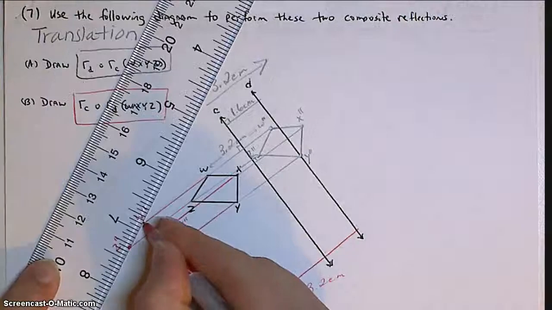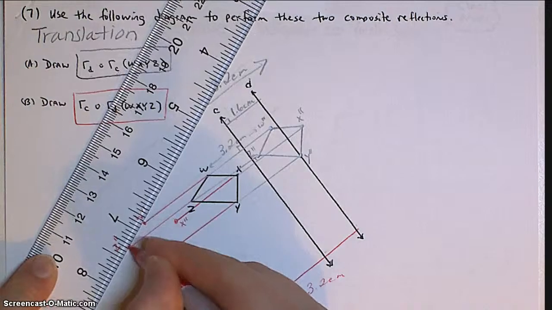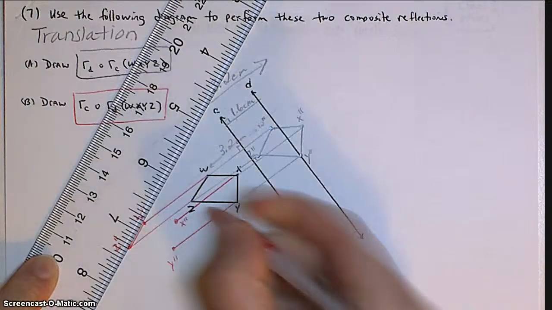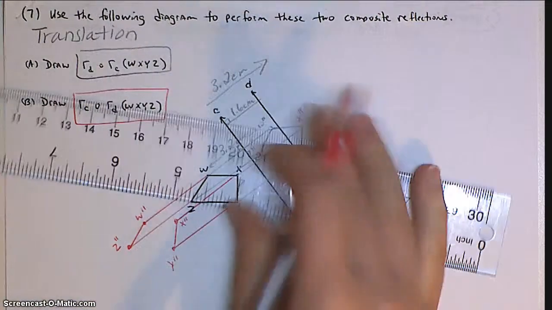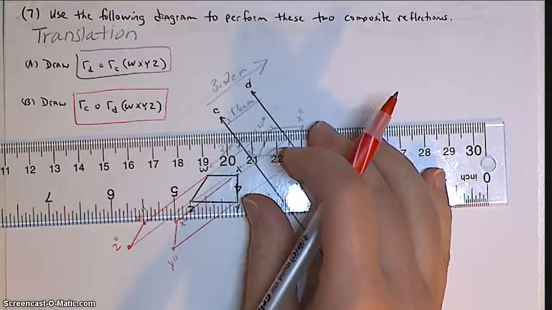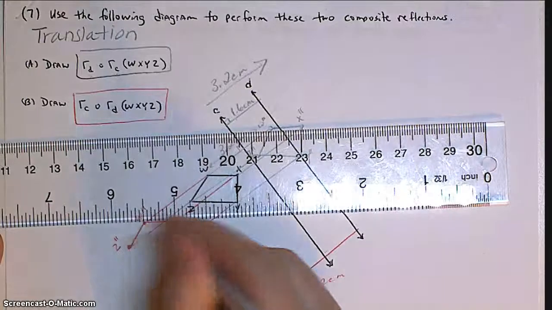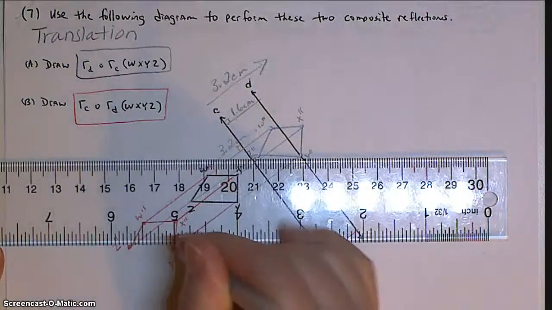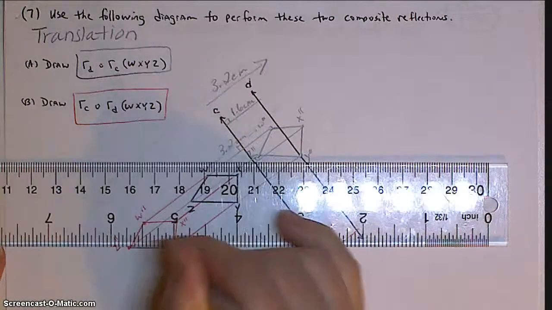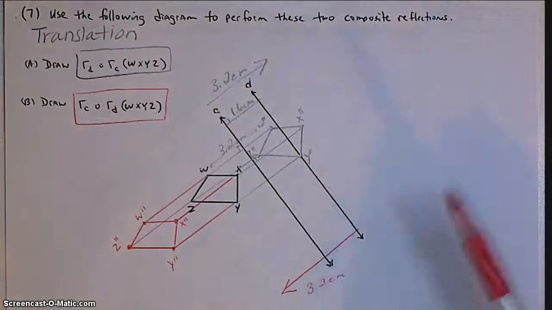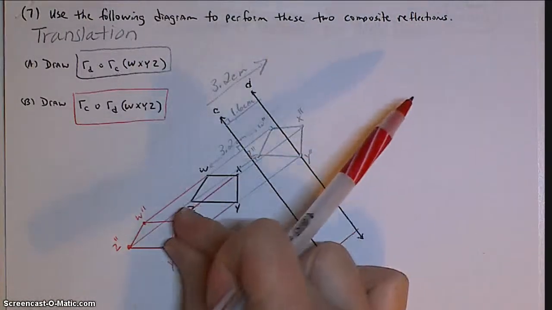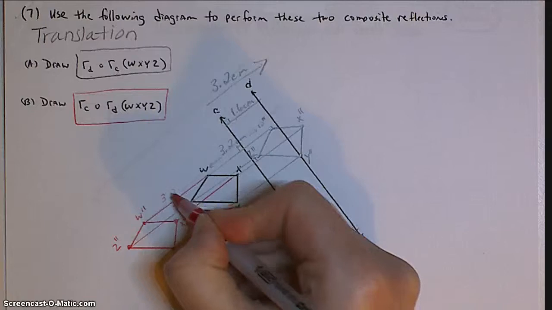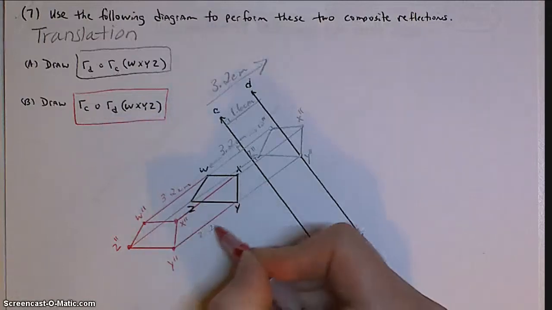I just need to connect them. And again, I can see that this shape is just sliding down to here by a distance of 3.2 centimeters.